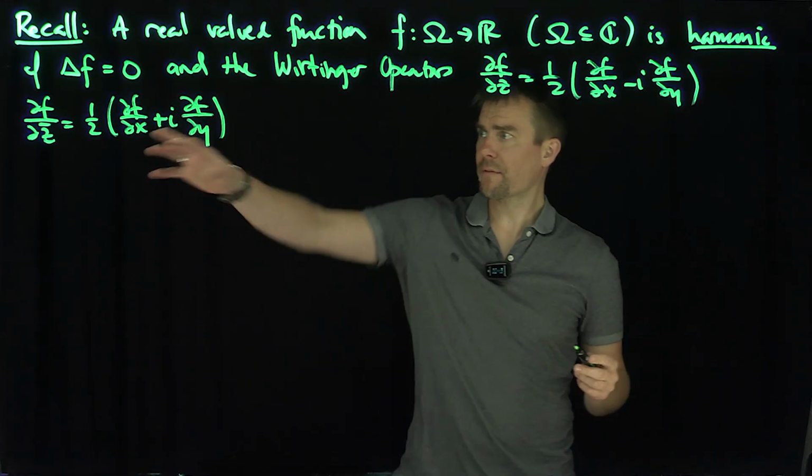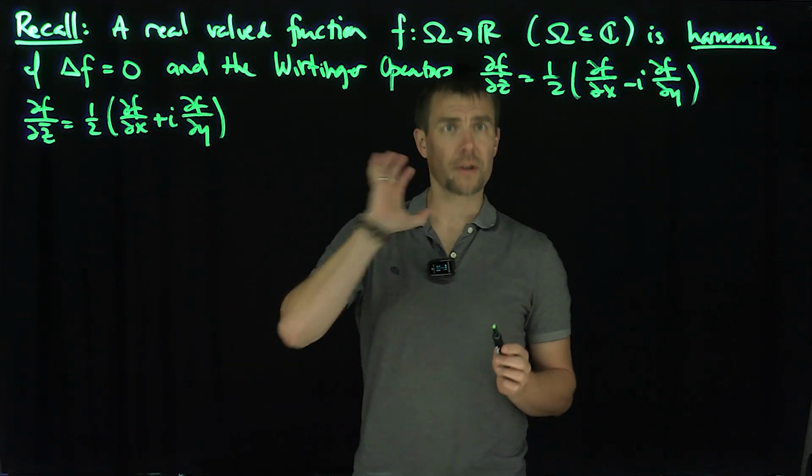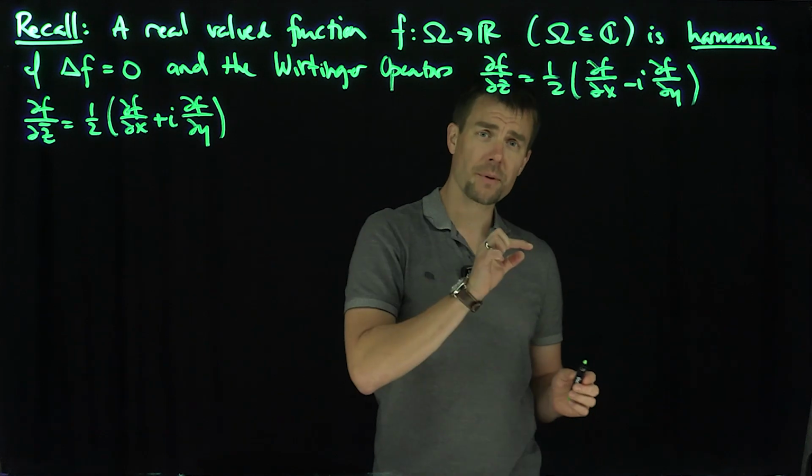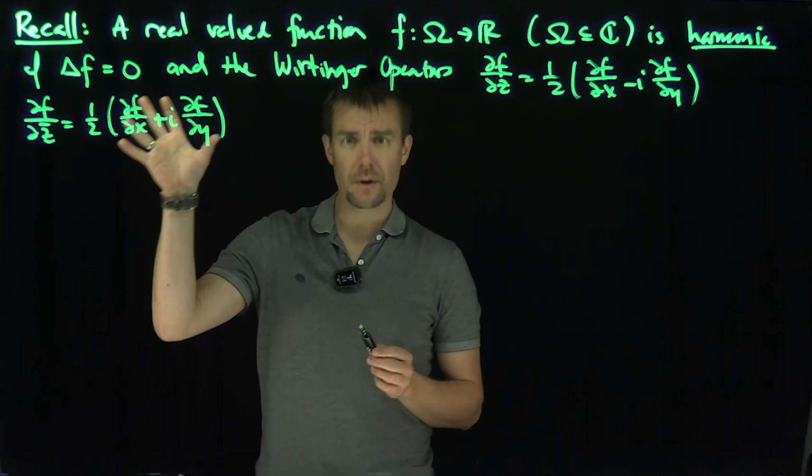We know a function's holomorphic if the z bar derivative is equal to 0. The z derivative being 0 implies that you're anti-holomorphic. So this being equal to 0 is anti-holomorphic, and the z bar derivative being 0 means that you're holomorphic.